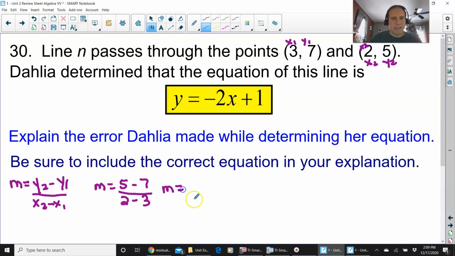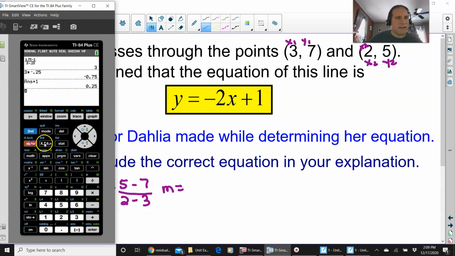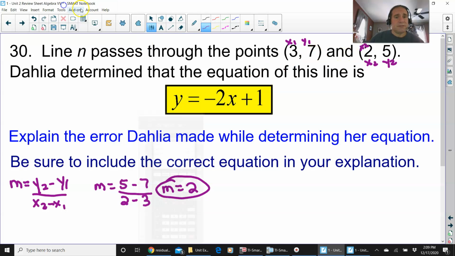I'm going to check that in my trusty calculator. 5 minus 7, that's negative 2, and 2 minus 3 is negative 1. The slope is 2. So she made a mistake on the slope.